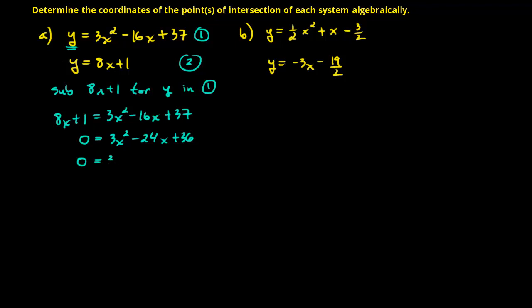So common factor 3 out, and you get 3 times x squared minus 8x plus 12. Now we can factor this trinomial by asking what two numbers multiply to 12 and add to negative 8, and the answers are x minus 6 and x minus 2. So the solutions to this equation are x is equal to 6 and x is equal to 2.